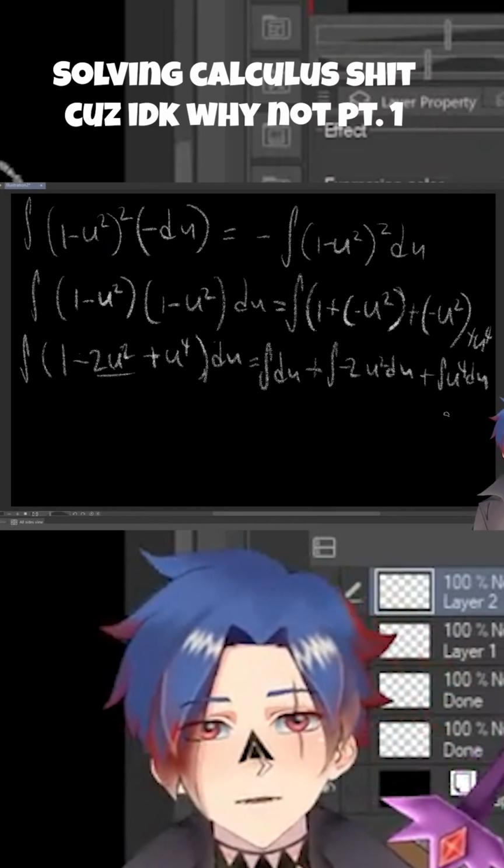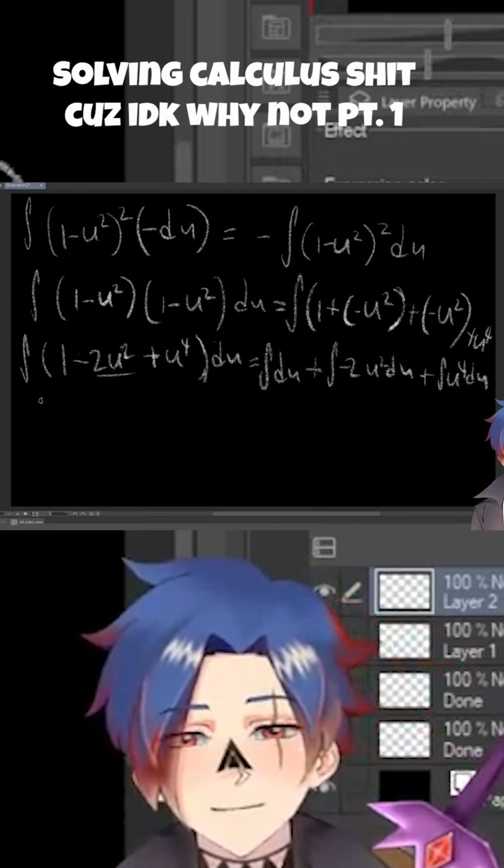So with this we could actually do the integration now.